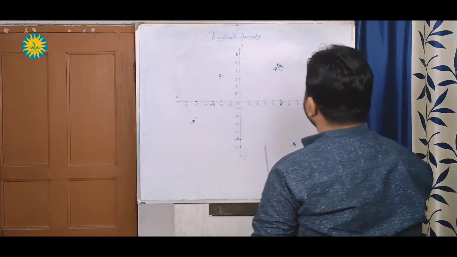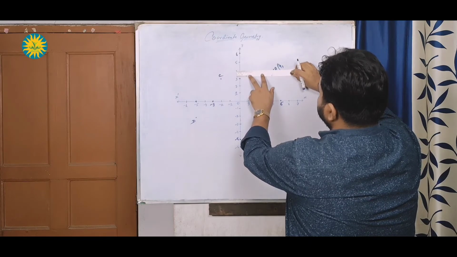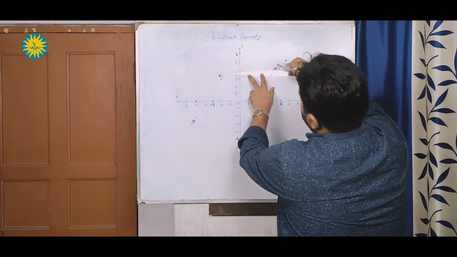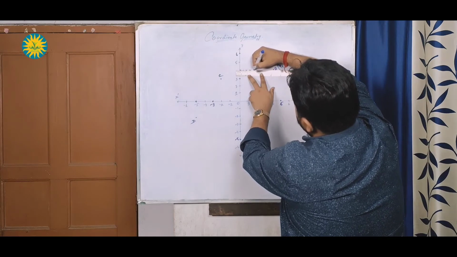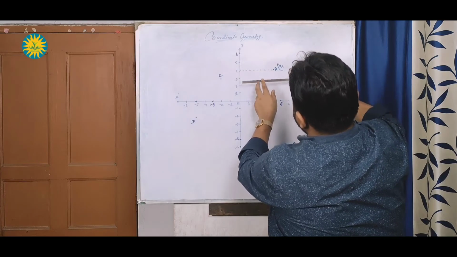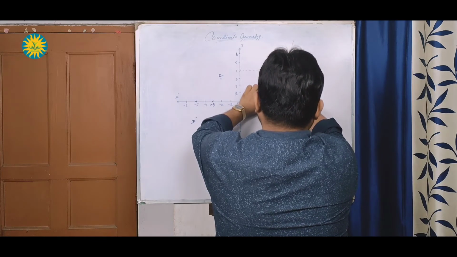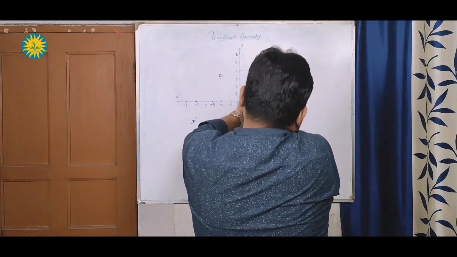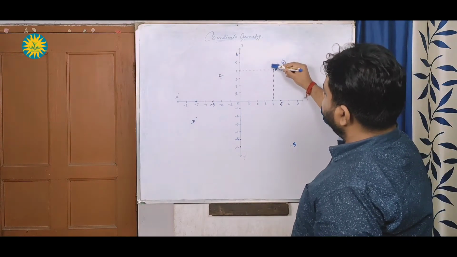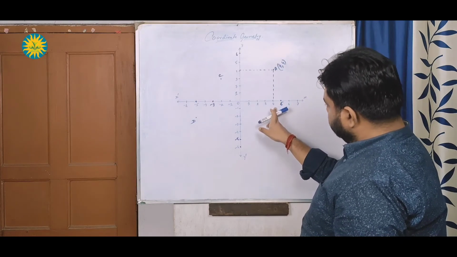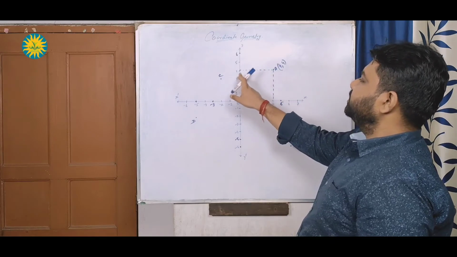Now for the y coordinate, we will drop a perpendicular from point A towards our y axis, and it meets the y axis at the point 4.